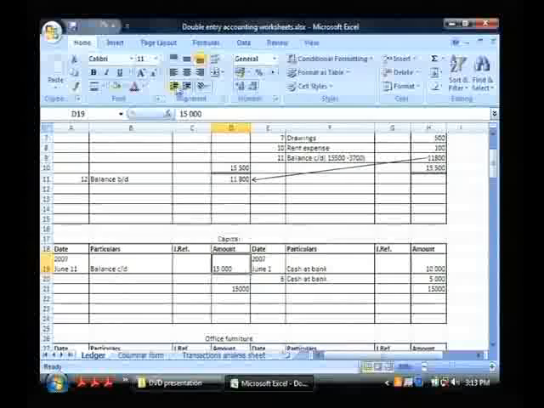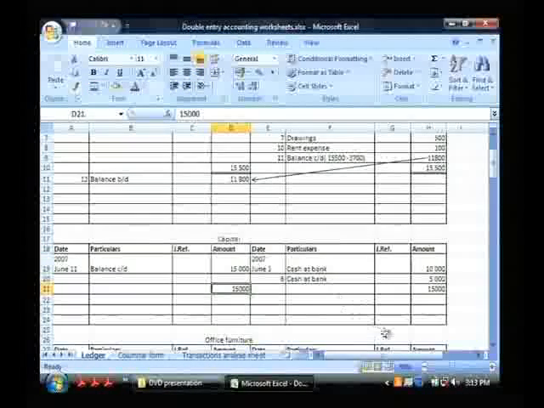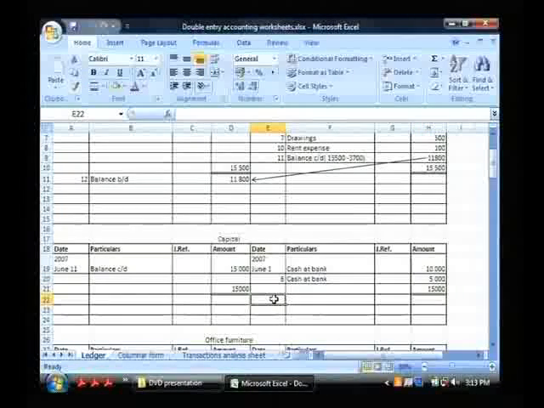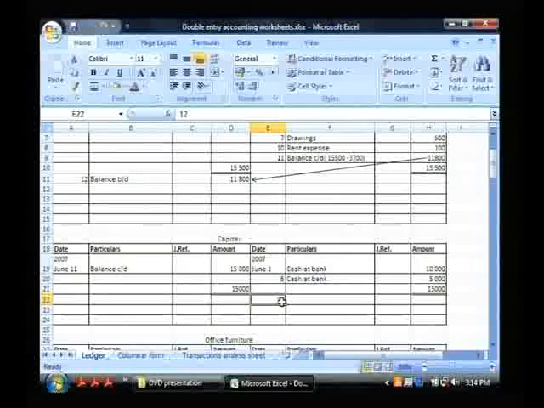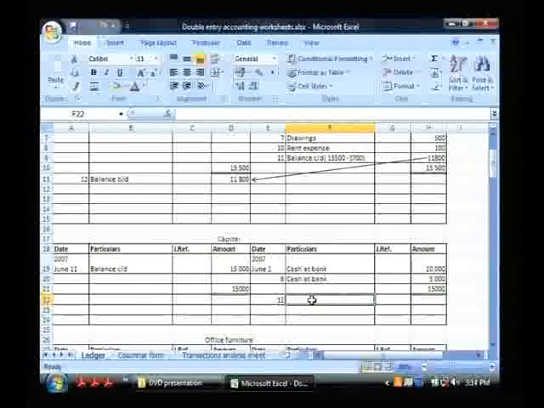15,000, double line here, then 12th, we balance the accounts on the 11th and brought that balance down on the following day, that is 12th.